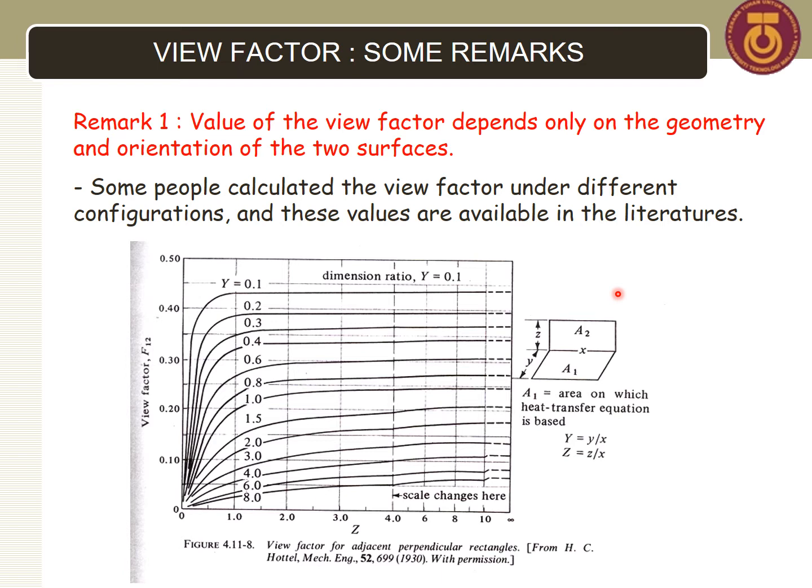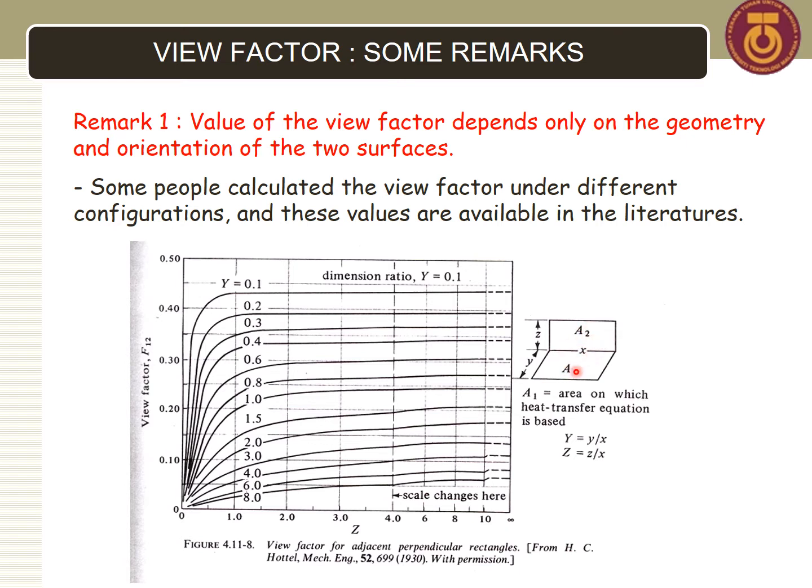The condition for the previous chart is the two parallel planes must have the same surface area, that is, A1 and A2 must be the same. But for this chart, A1 and A2 can be different.